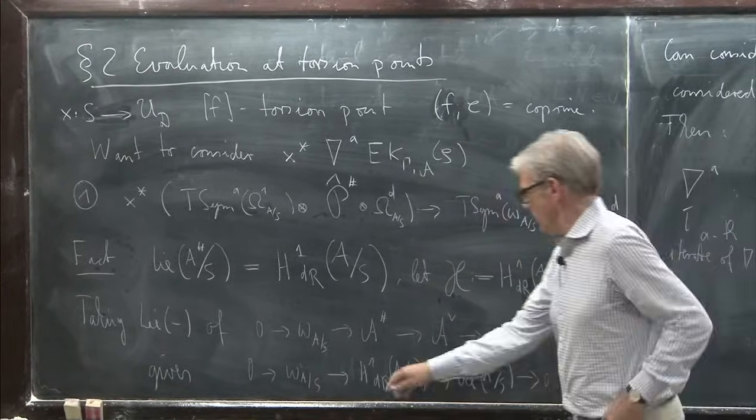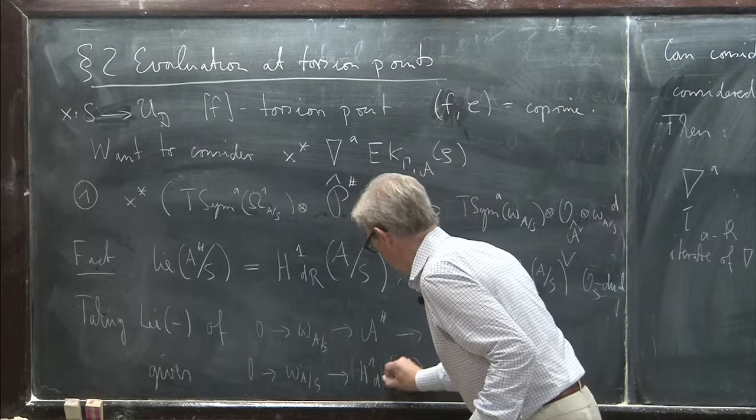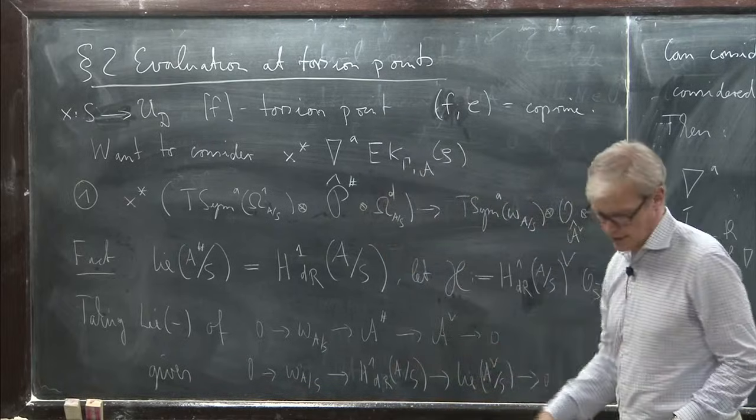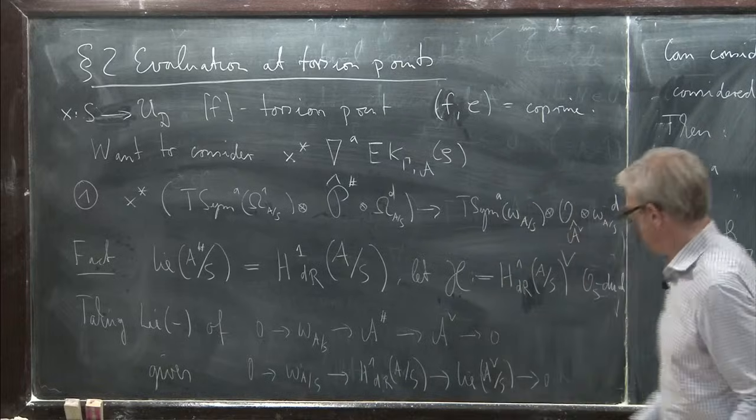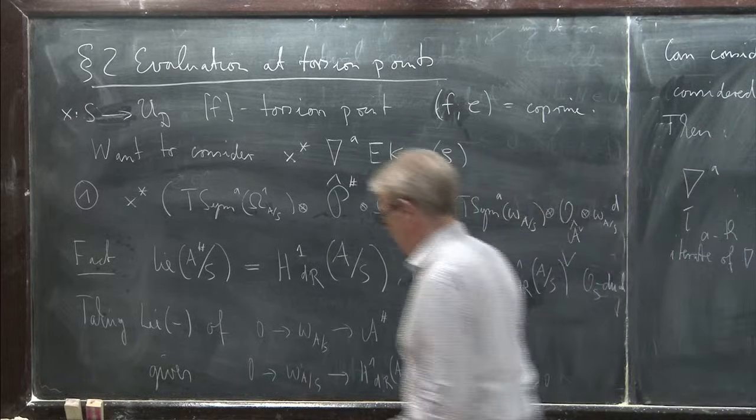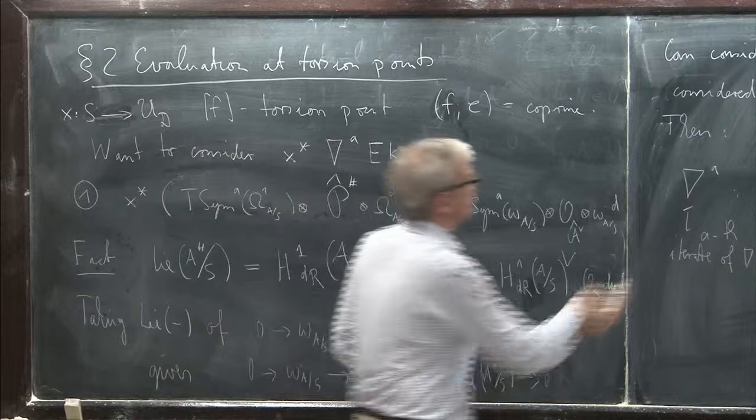This is exactly the Hodge filtration on the first de Rham cohomology. So this is encoded in the universal vector extension.